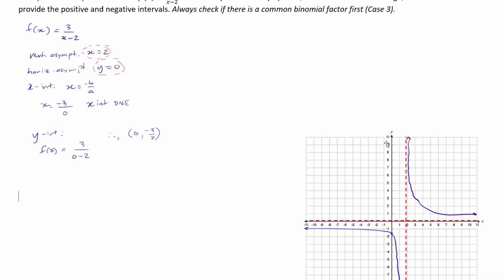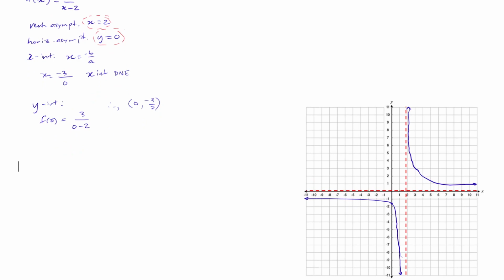The next thing is to state the domain and range. Domain is x an element of all real numbers such that x cannot be equal to 2. And range is y an element of all real numbers such that y cannot be equal to 0.